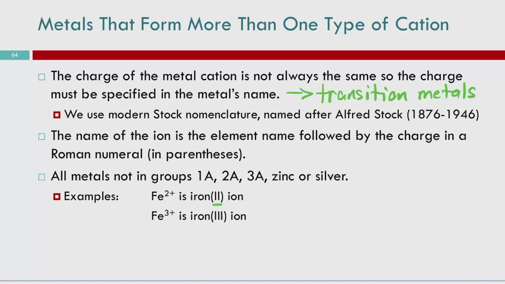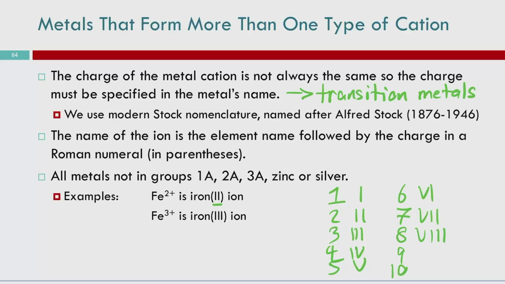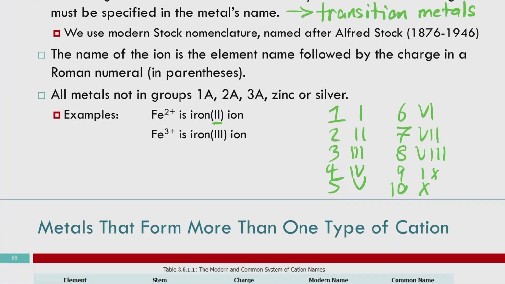If you've forgotten your Roman numerals, or you just never learned them, we shouldn't go up to 10, but it's III, IV, V, VI, VII, VIII, IX, and X. We're typically going to stay 6 and under. So, good stuff.